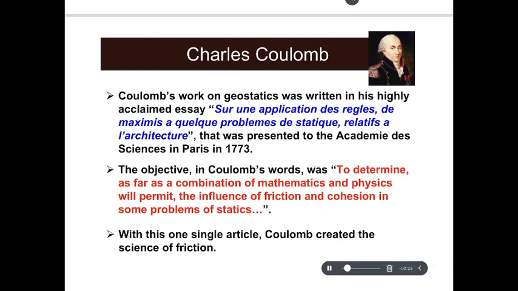Coulomb's work on geostatics was written in his highly acclaimed essay and was presented to the Académie des Sciences in Paris in 1773. The objective in Coulomb's work was to determine, as far as a combination of mathematics and physics will permit, the influence of friction and cohesion in some problems of statics. With this one single article, Coulomb recreated the science of friction.